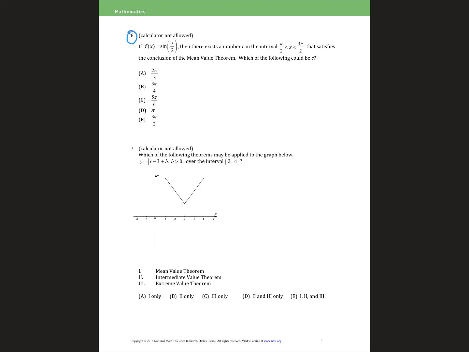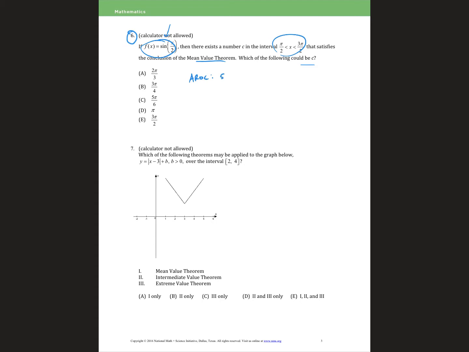So we have f of x is sine of x over 2, and you're asked to find c in this interval that satisfies the mean value theorem. So first thing with the mean value theorem is we would need to know that this is differentiable, and it is because sine is differentiable and x over 2 is differentiable.